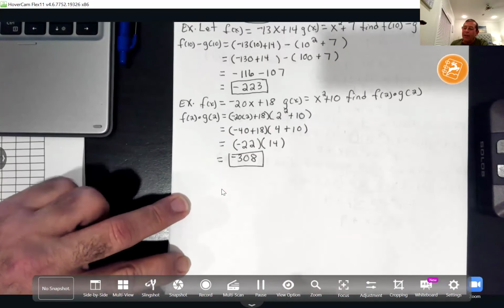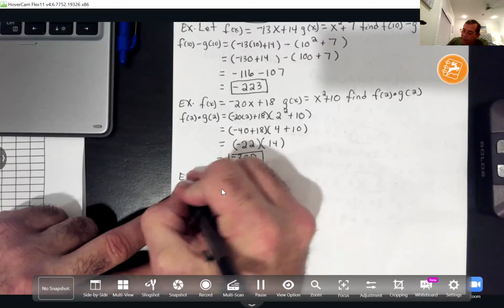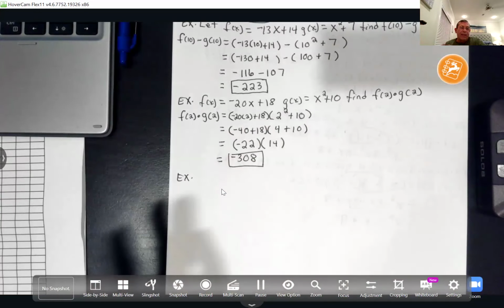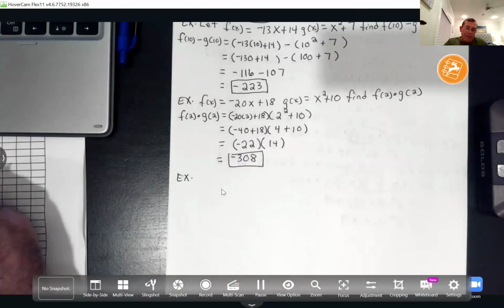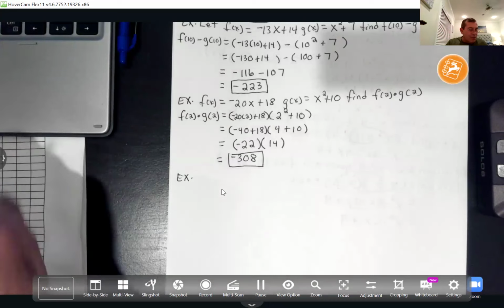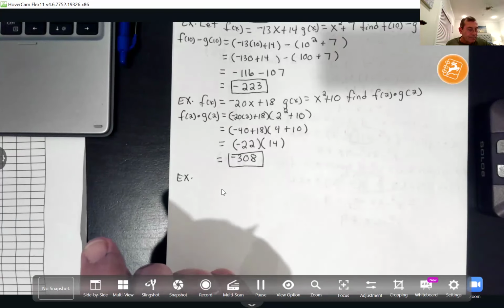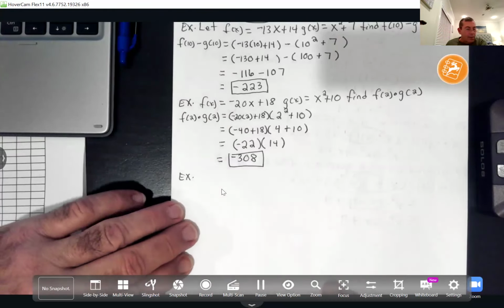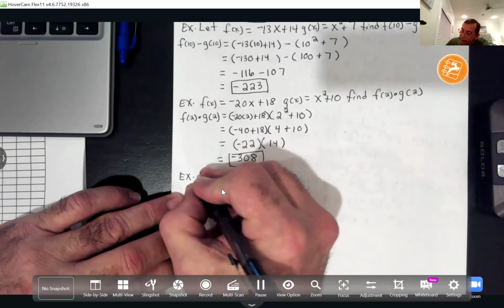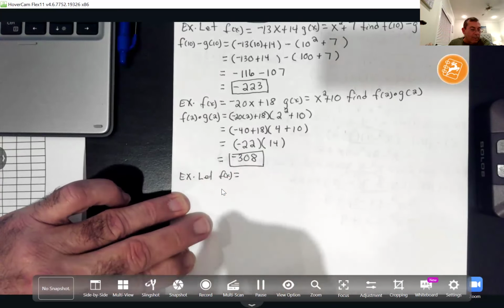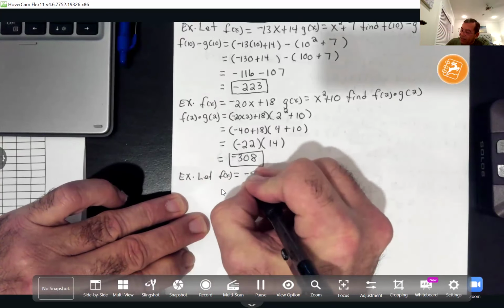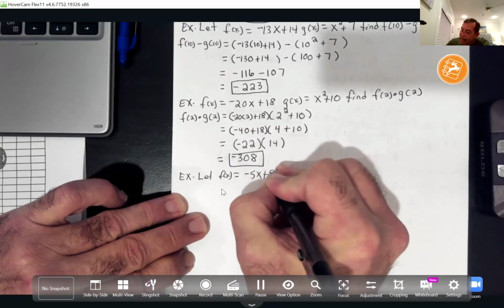Alrighty, so y'all, that's a trick. They're going to go back and forth putting things in for us to try to replace those variables with. Sometimes they'll give us variables, sometimes they'll give us numbers. All right, this one. Let f of x equal a negative 5x plus 9.